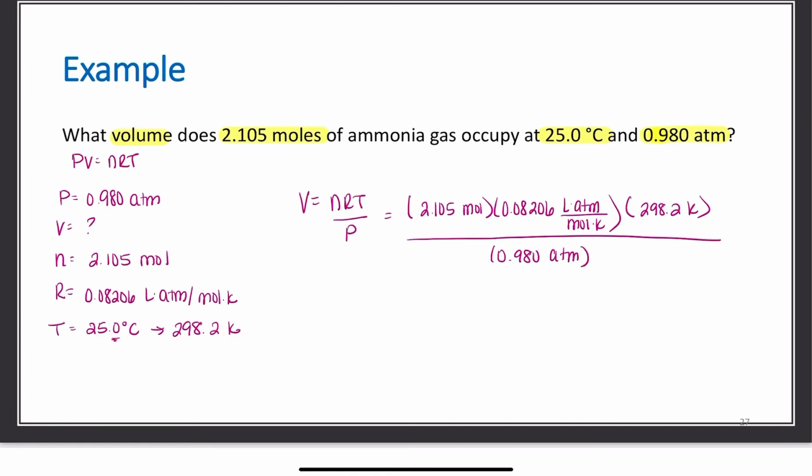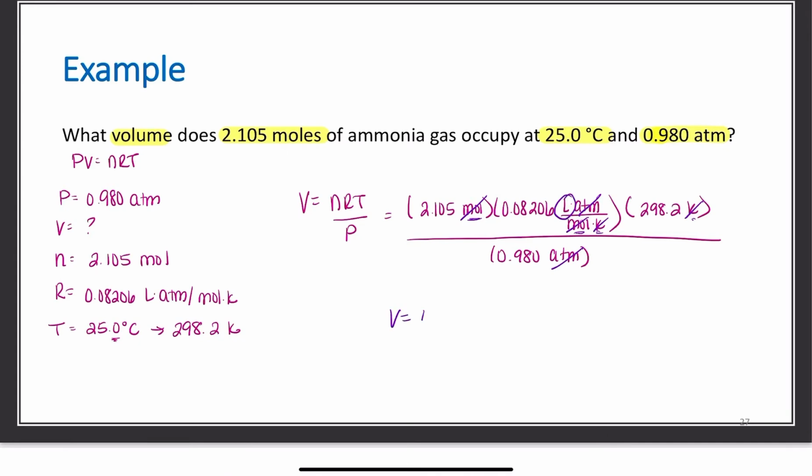Make sure everything's canceling so you know you've got everything in the right units. Moles to moles, Kelvin to Kelvin, atmosphere to atmosphere. Notice this mole is in the numerator, this one in the denominator, so I can cancel those out too. And it leaves me with liters, which is the units I want.